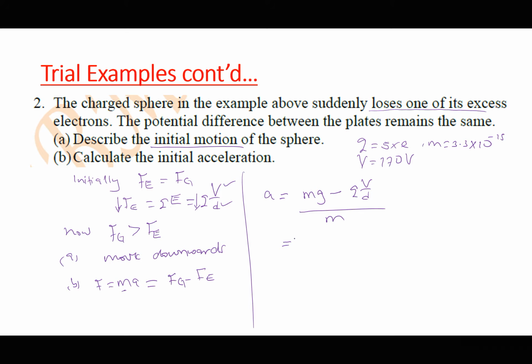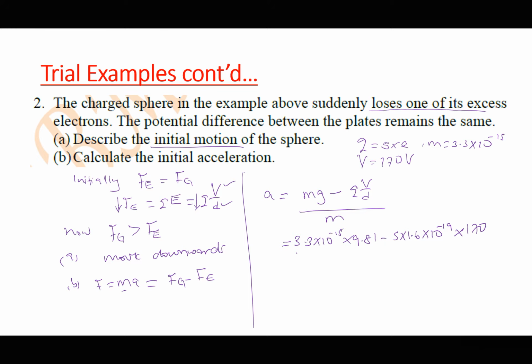The mass is 3.3 times 10 power negative 15 times 9.81 minus, the charge is now 5e, which is 5 times 1.6 times 10 power negative 19, then times v, which is 170.